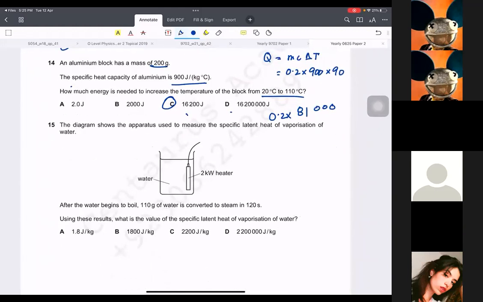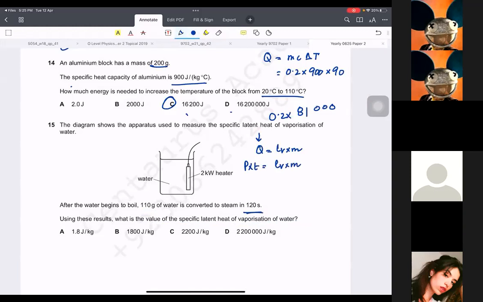Okay, the diagram shows the apparatus used to measure the specific latent heat of vaporization after the water begins to boil. Using these results, what is the value of specific latent heat of vaporization? After it begins to boil, it converts to steam in 120 seconds. Okay. Q equals L_v times m. The heat energy can be given by power into time.